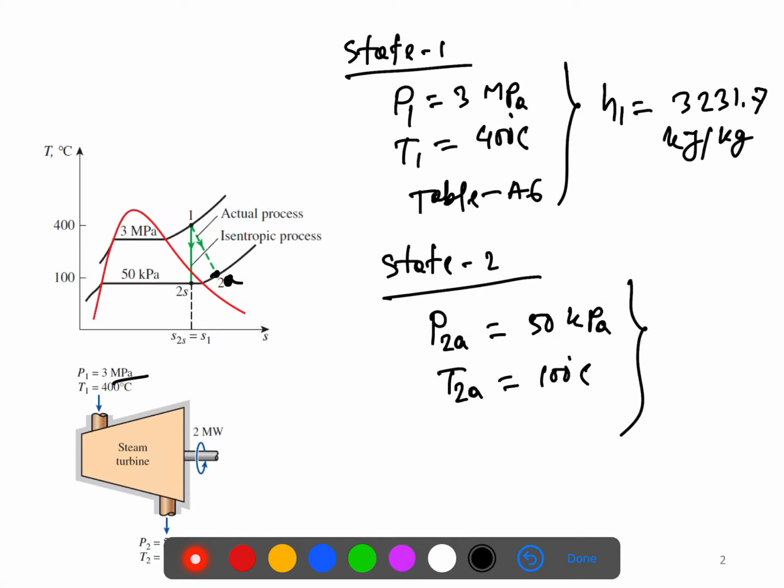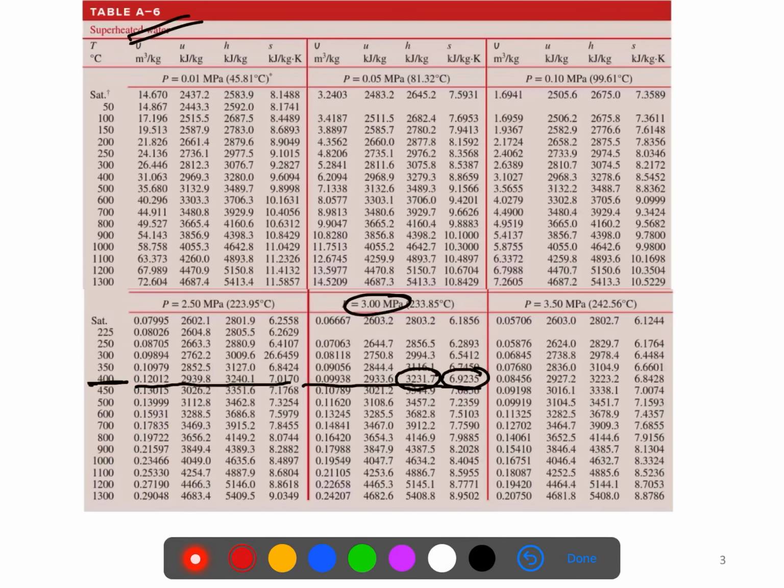If we use these two values again, we need to use table A6. But here now the pressure is 50 kPa. You can see this is 0.05 MPa, which means it is 50 kPa, and the temperature is 100. So for this temperature 100, you will see, guys, this will be the enthalpy.